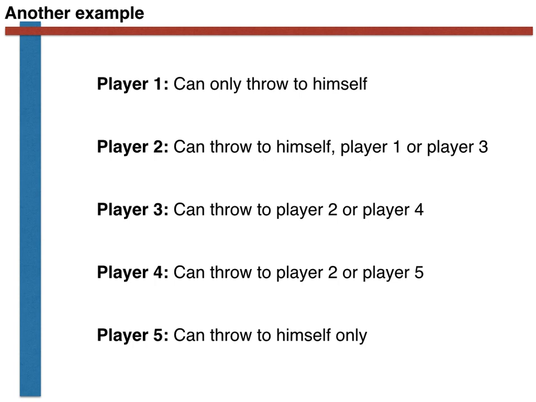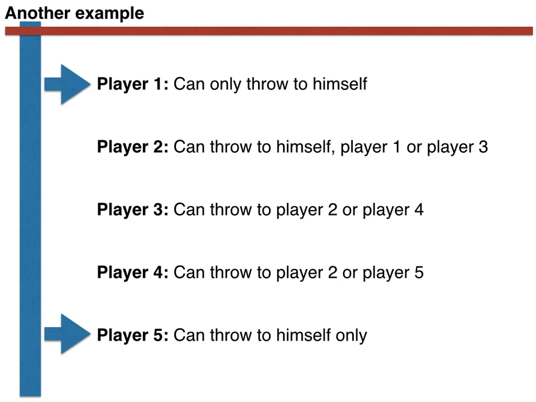The question is, which of these players are more like Stephen and which are more like the other three players in our previous example? The answer, I hope you will agree, is that players 1 and 5 are like Stephen, as both of them refuse to pass the ball to anyone but themselves.